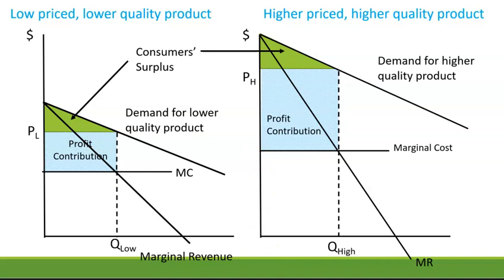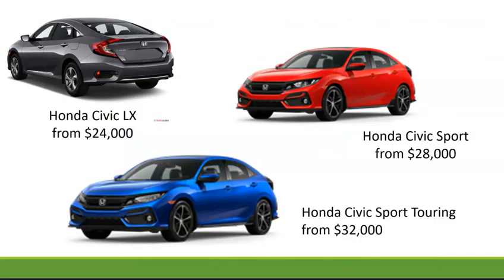Well, let's just consider some familiar examples. Back in the days when I used to own a car, a Honda Civic was my car of choice, and I looked up what was available from Honda Canada these days. You can have a basic Honda Civic.